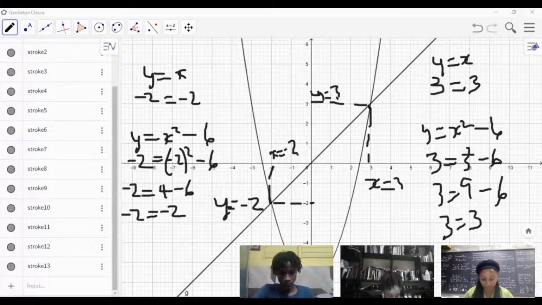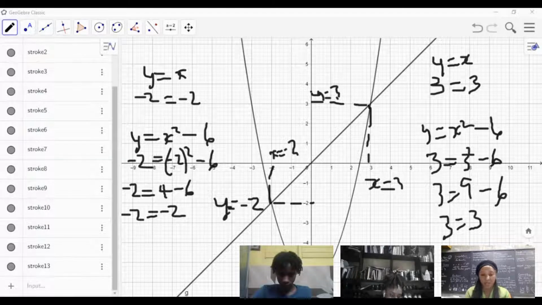This is our graph class, so we're focusing on solving simultaneous equations using the graphical method. And how we do that is to plot both of the functions on the same coordinate plane, on the same graph paper, or the Cartesian plane, just different terms for the same thing.